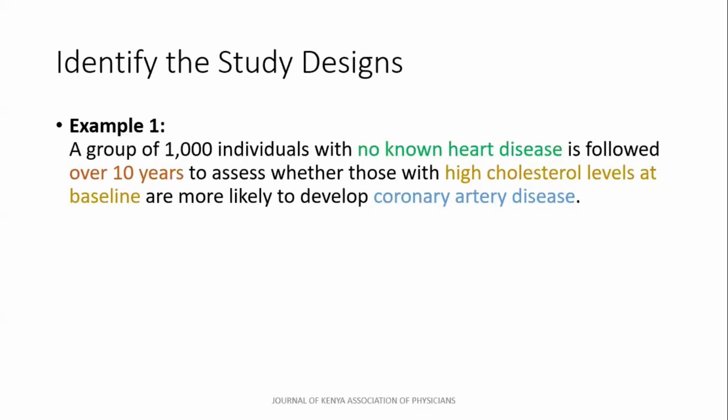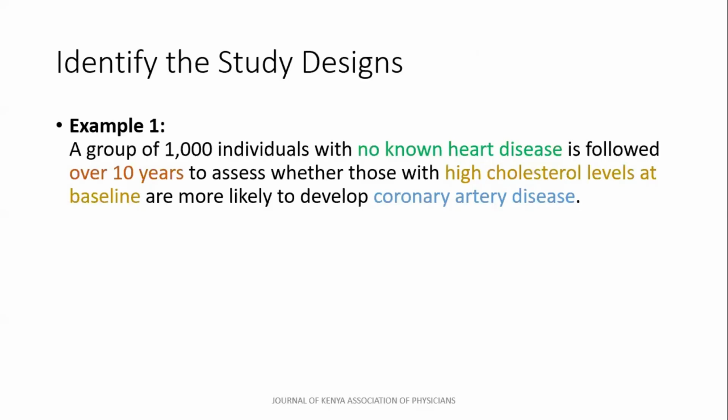Okay, good. So thanks for the responses. I'm seeing prospective cohort study. So this is correct. Broadly, it's categorized as an observational study, and we're calling it prospective because we are following the individuals up over a period of 10 years.